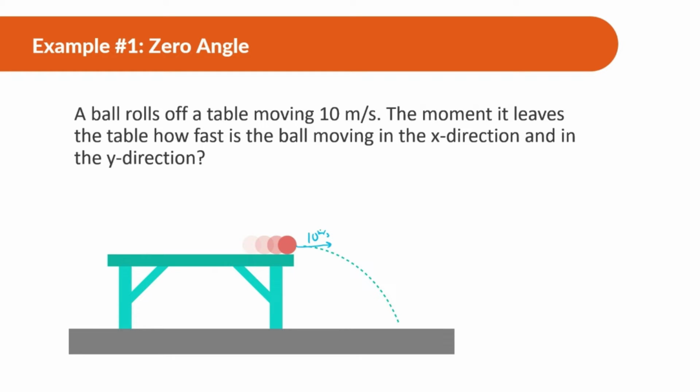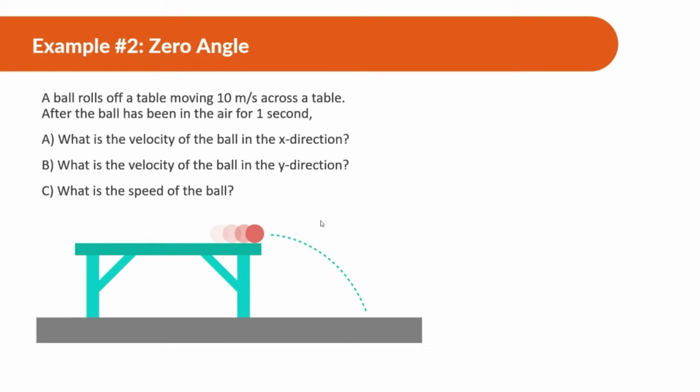The moment it rolls off, it's going 10 meters per second in the x, but in the y direction it starts with an initial velocity of 0 because it's rolling off completely horizontally. That's a key thing to know with all these examples with zero angles or things launched horizontally: the initial velocity in the y is almost always 0 while it has an initial velocity in the x direction. So in the x, 10 meters per second; in the y, 0.